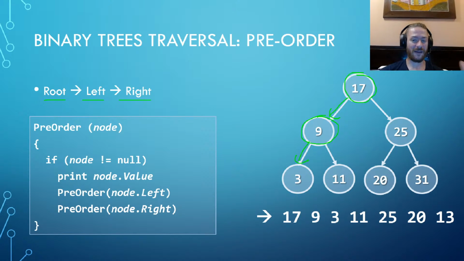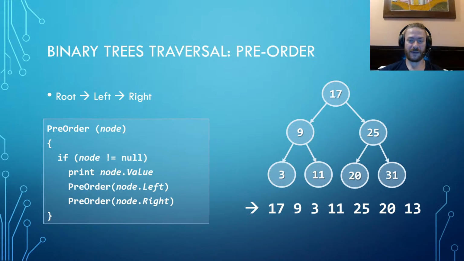As long as we have a left option, we always choose the left option. If we don't have a left option, then we go right. So go to 3, then no more left options, so we go back and go to 11. Then we go back and then go to the right of the root. So if we can, we go to the left. That's the rule. First the root, then the left, then right.